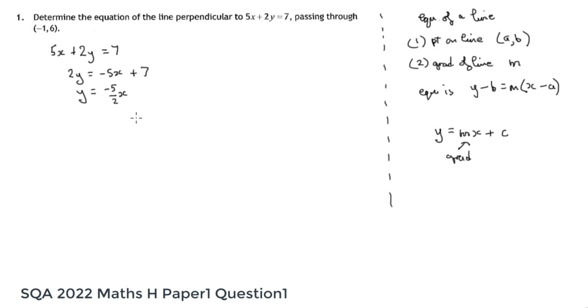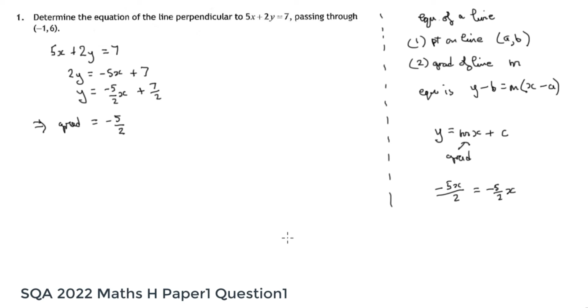That can be written as -5 over 2 lots of x. These are exactly the same. Plus, we have to divide the 7 by 2. Now, it would appear, therefore, that the gradient is -5 over 2.